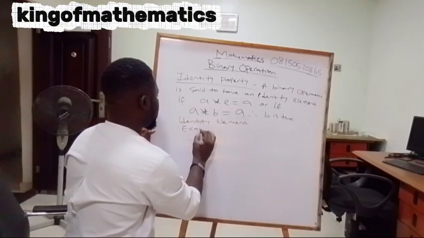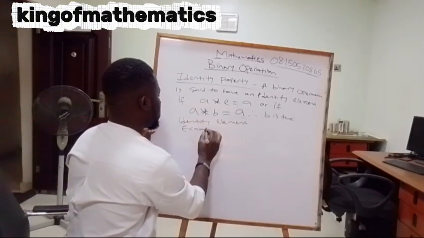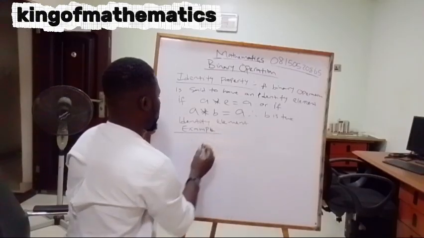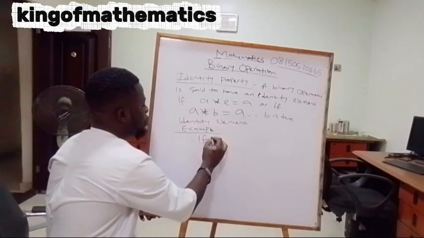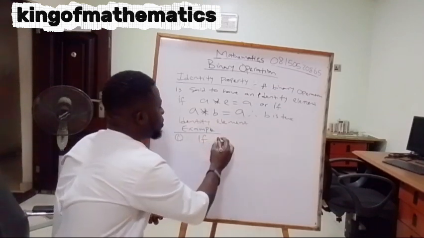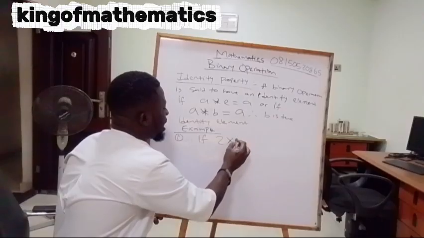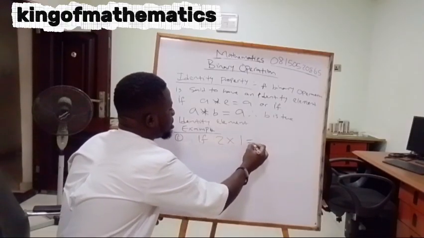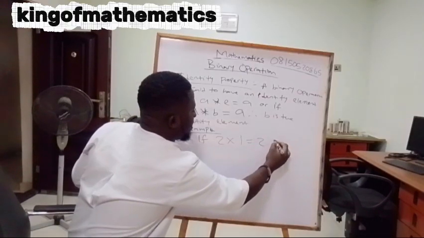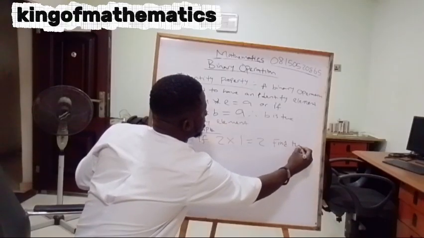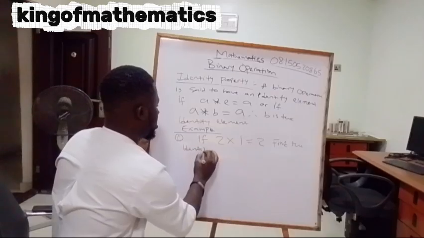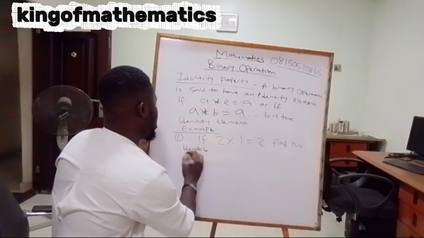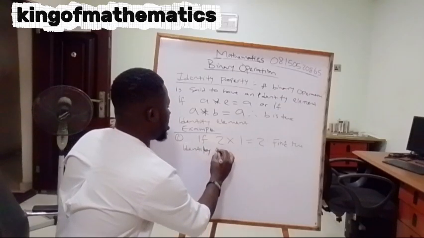Example: if 2 times 1 is equal to 2, find the identity element.